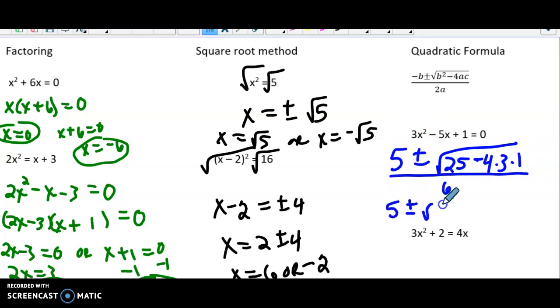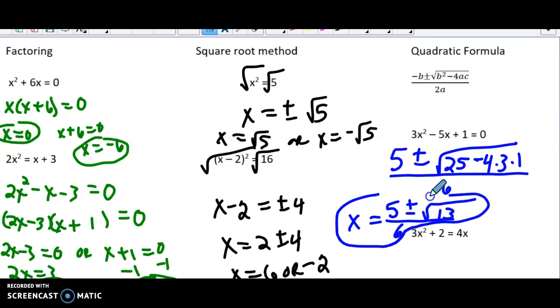So I have 5 plus or minus the square root of 25 minus 12, which is 13, all over 6. My two answers are 5 plus the square root of 13 over 6, or 5 minus the square root of 13 over 6. These are the two answers for x that if I plug them in here, I will get 0.